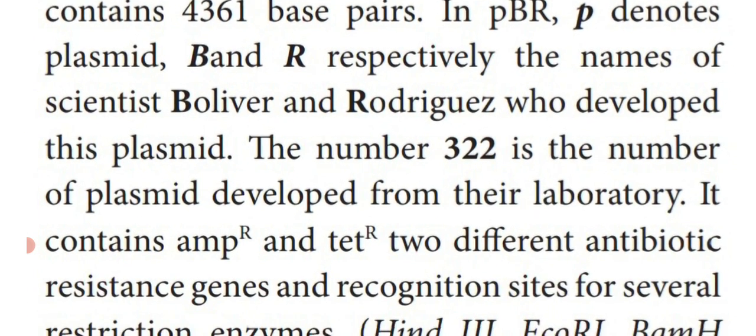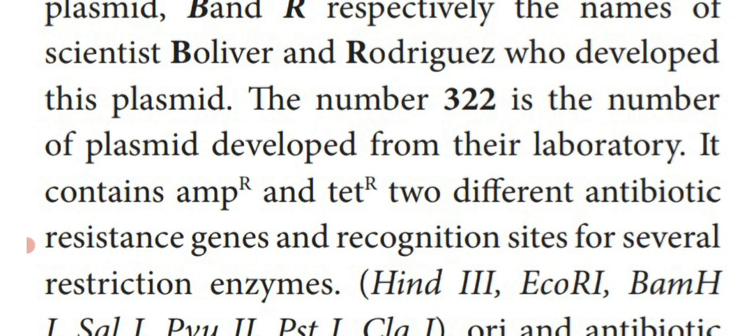Not only that, it contains 2 antibiotic resistance genes known as AMP-R and TET-R. R is for resistance genes. The names of the genes are AMP and TET. AMP means ampicillin resistance gene. TET means tetracycline resistance gene.